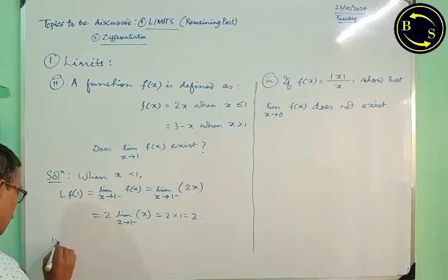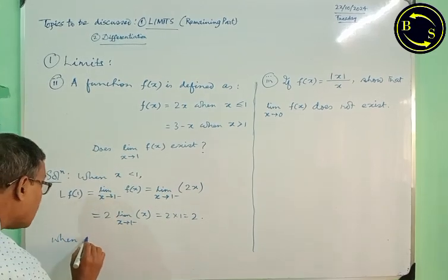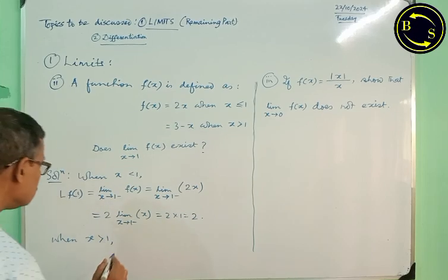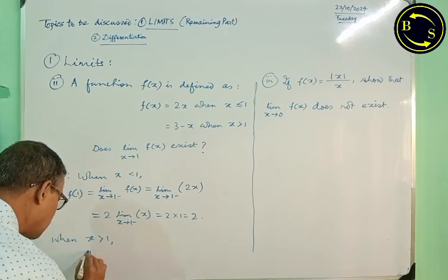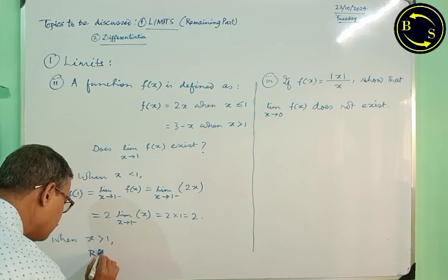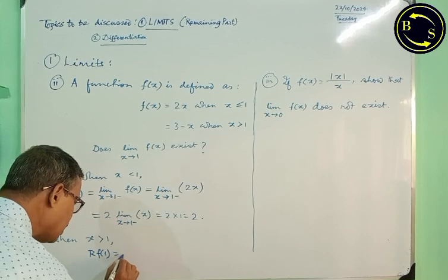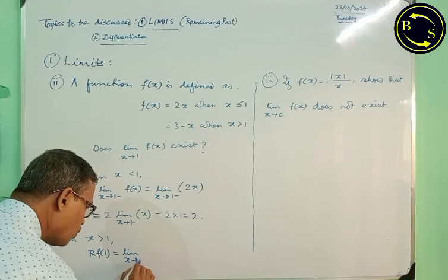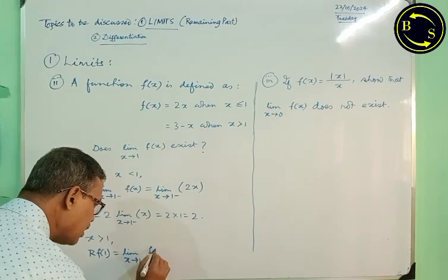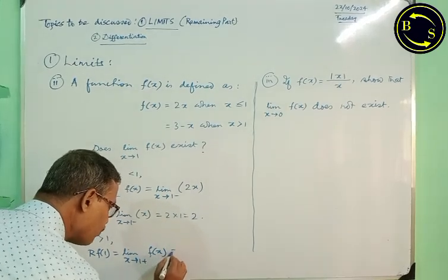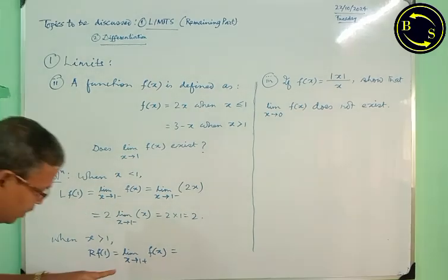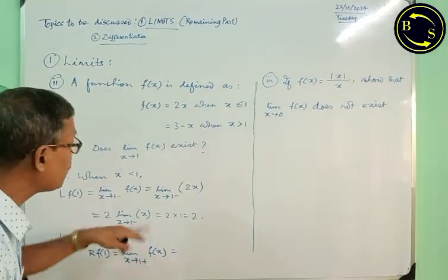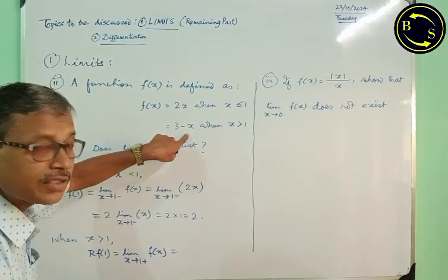When x greater than 1, R f 1, that is limit x tends to 1 plus f x. That means for x greater than 1, value of f x we find 3 minus x.